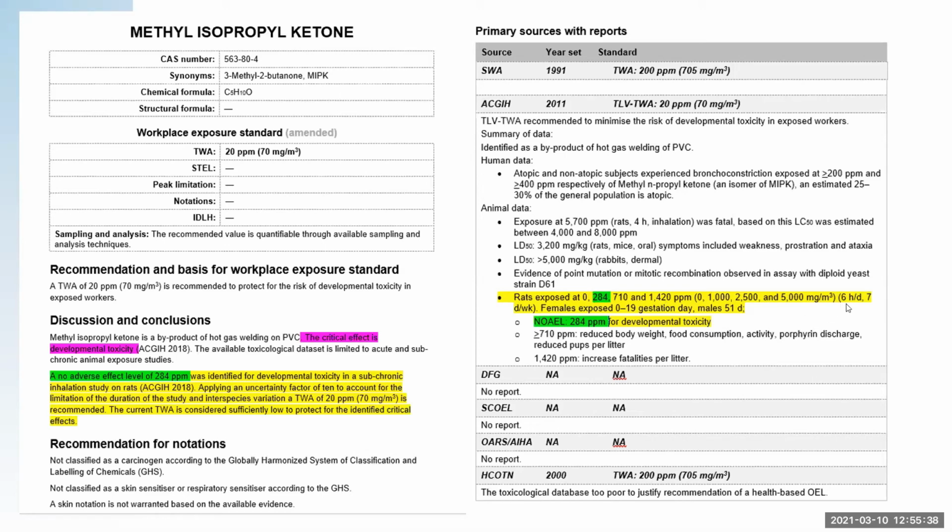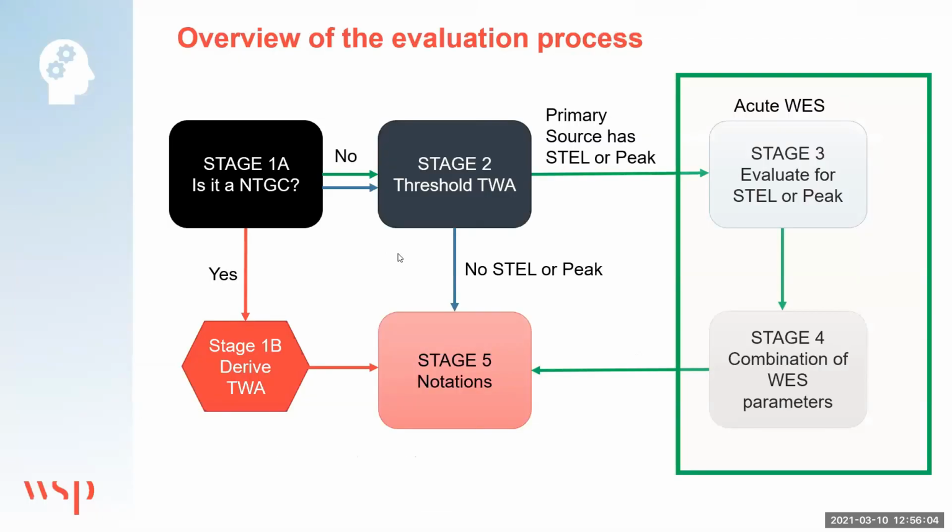They were exposed for 6 hours a day, 7 days a week. Because it was a developmental study, the females were exposed for the first 19 days of gestation, and the males for 51 days. I've just noticed the time, I'm getting behind. We applied the uncertainty factor and came up with that number.